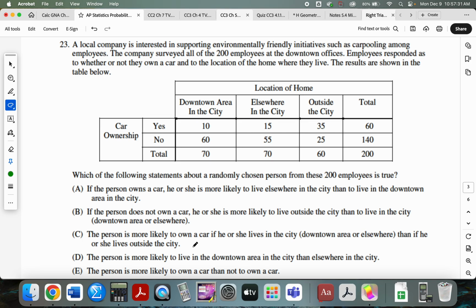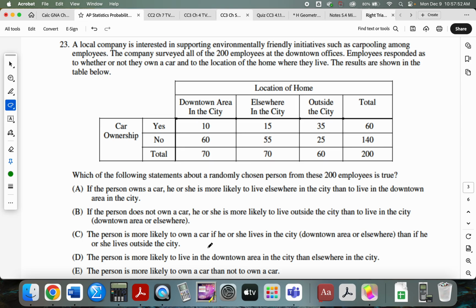The person is more likely to own a car if he or she lives in the city, downtown or elsewhere. That's pretty obviously false. Most of them don't own in either of those cases.